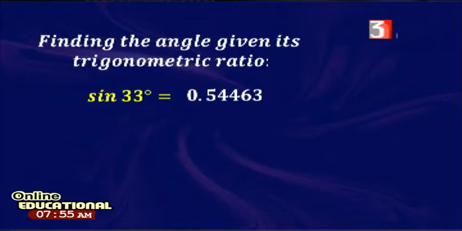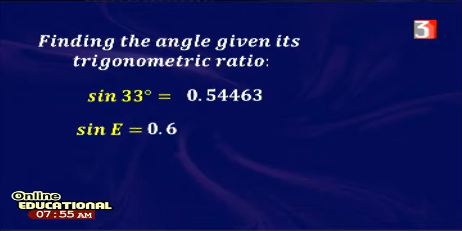Now, let us have an example. Sine E equals 0.6. Now, I gave you that the result of sine of an angle, which I don't know, equals 0.6. And I'm asking you, what is the measure of this angle? It means that I'm giving you a converse problem.